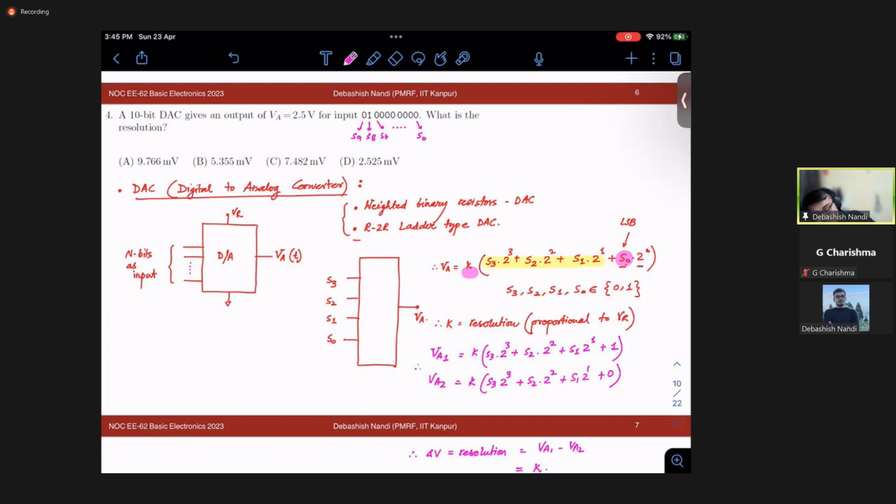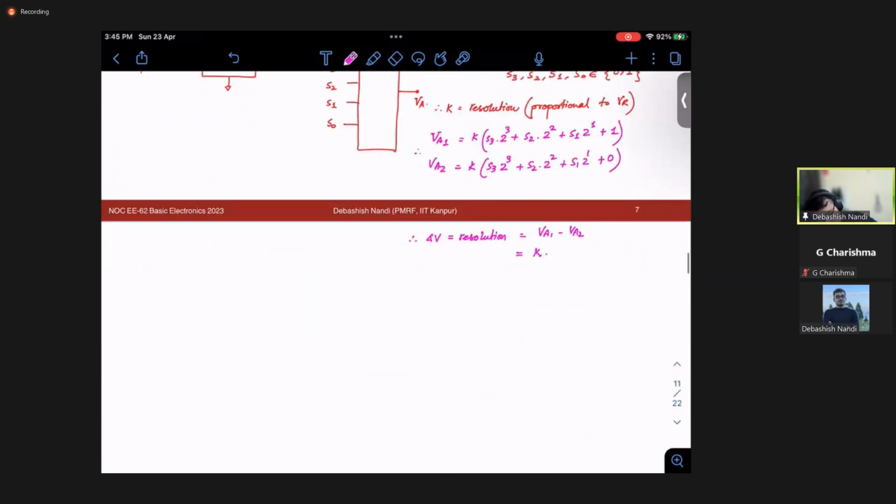So you have only your 8th bit 1. Fine. So 2 to the power 8 will be there only. So your VA is equal to K into S9 into 2 to the power 9 plus S8 into 2 to the power 8, S7 into 2 to the power 7 plus S0 into 2 to the power 0.